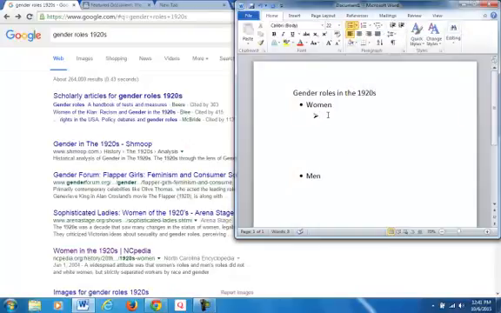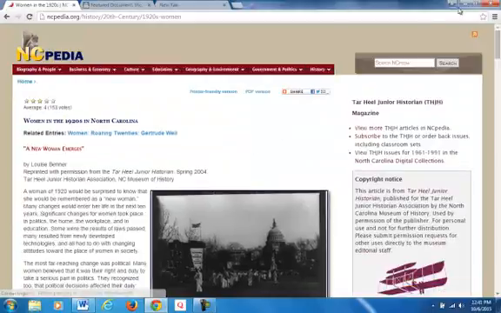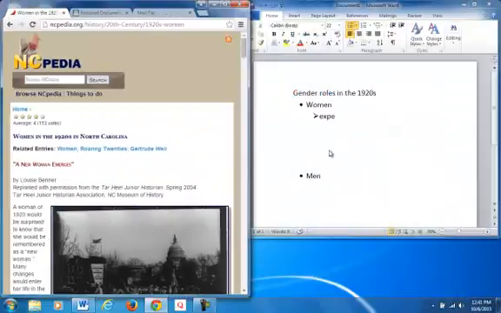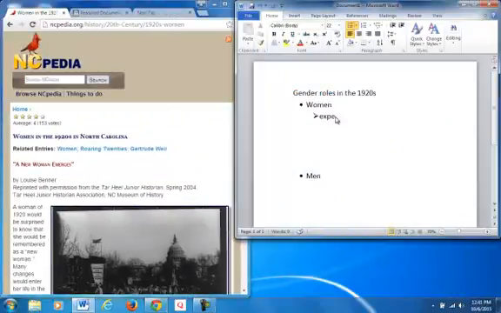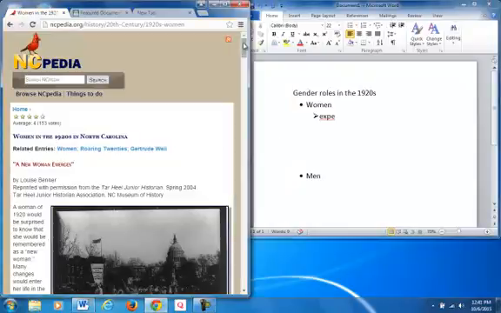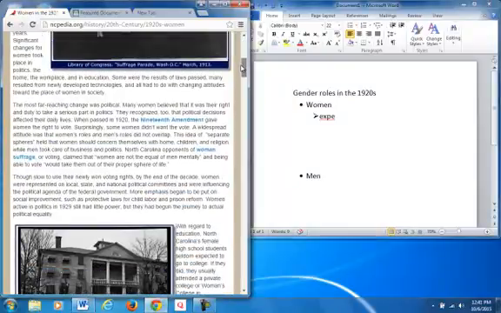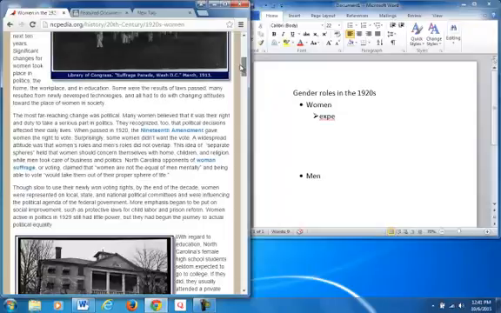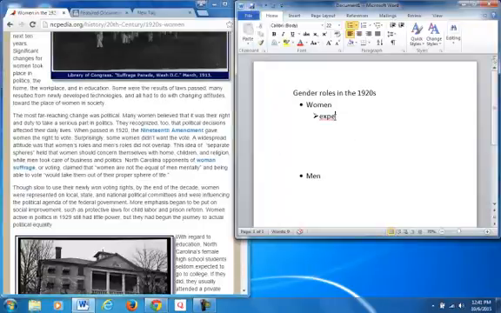So women were expected. I'm gonna open both at the same time so I can jot this stuff down while I type. So they're expected to stay.